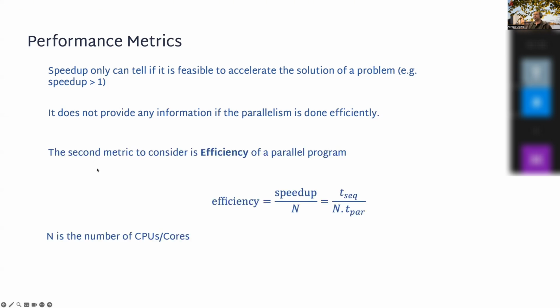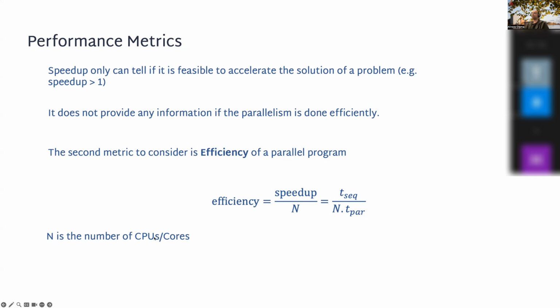So for that, we define another metric, which is called efficiency of the parallel program. And it's quite a simple equation. You just need to divide the speed up by the number of processors. And then if you simplify and substitute the speed up equation here, you can get the serial time divided by n times parallel time, right?